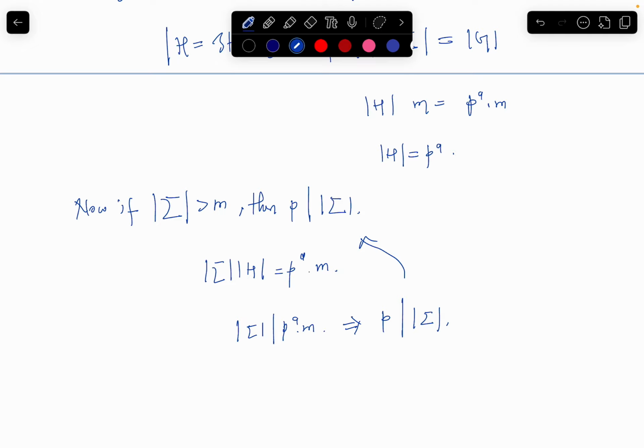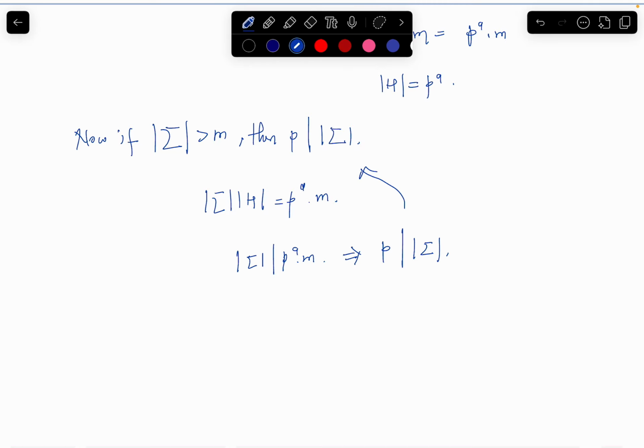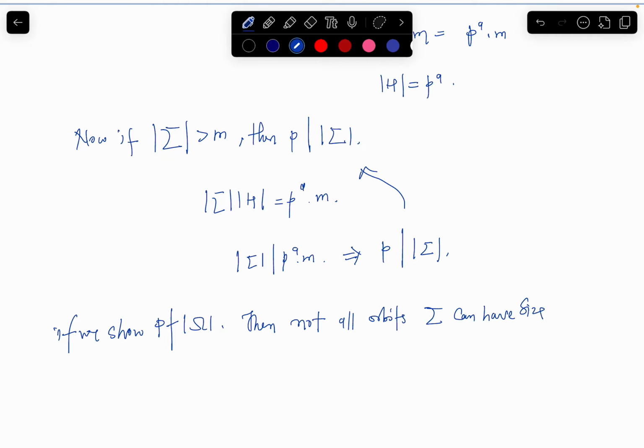Now what happens is that if we are able to show that p does not divide the size of omega, then not all orbits of sigma can have size greater than m.